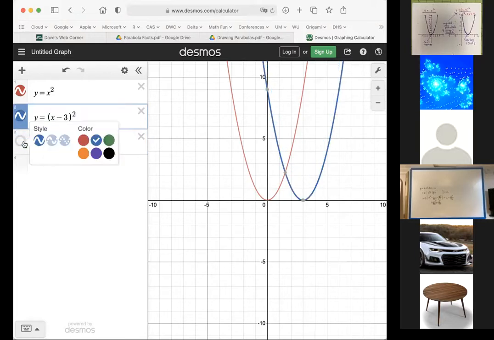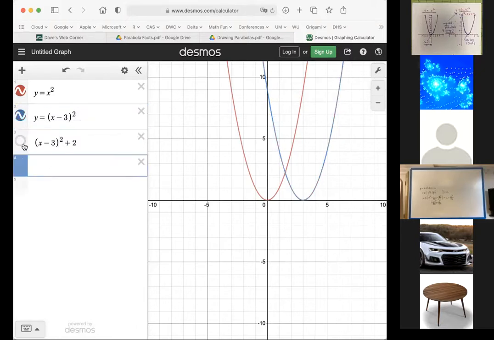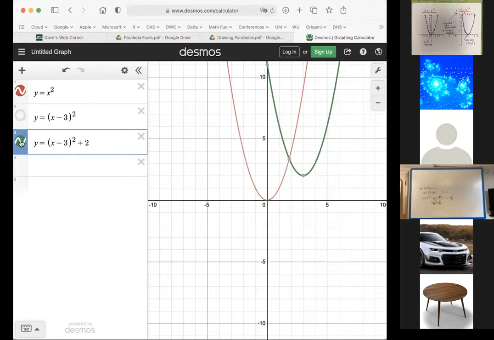Let's change the color here, just so I can have different color on the screen. Here's 3 parabolas. Y equals x squared. Then y equals x minus 3 squared, which is 3 steps to the right. And now y equals x minus 3 squared plus 2.